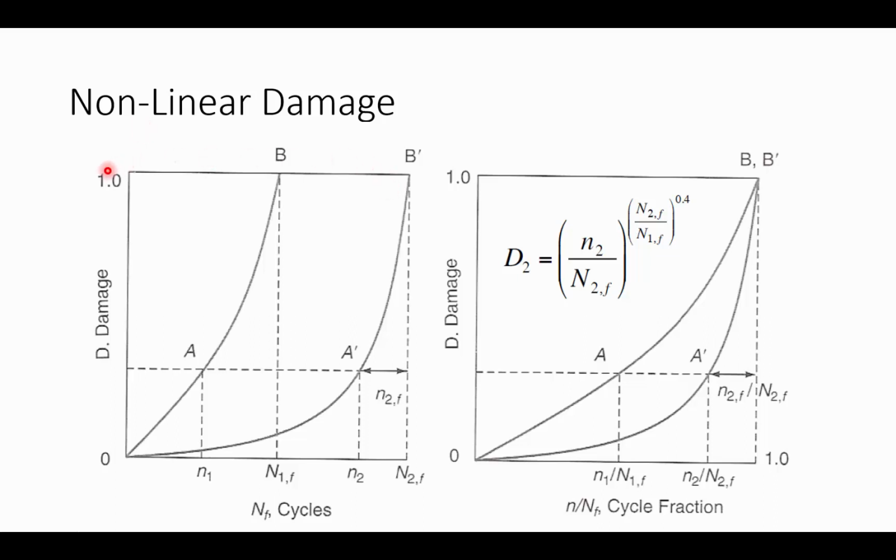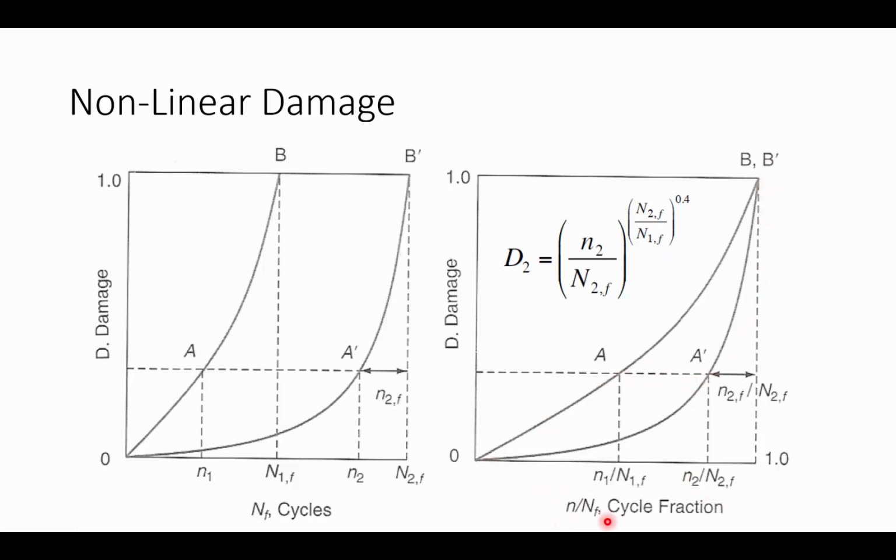Well, let's consider first two separate fatigue tests, each run at their own stress amplitude, right? So we have an N1F and an N2F. These are just different cycles to failure. Two completely separate experiments. As damage accumulates, they each will go from 0 to 1. Now let's consider our two-step example, where we have one cycle set, and then we need a shift to a second cycle set.